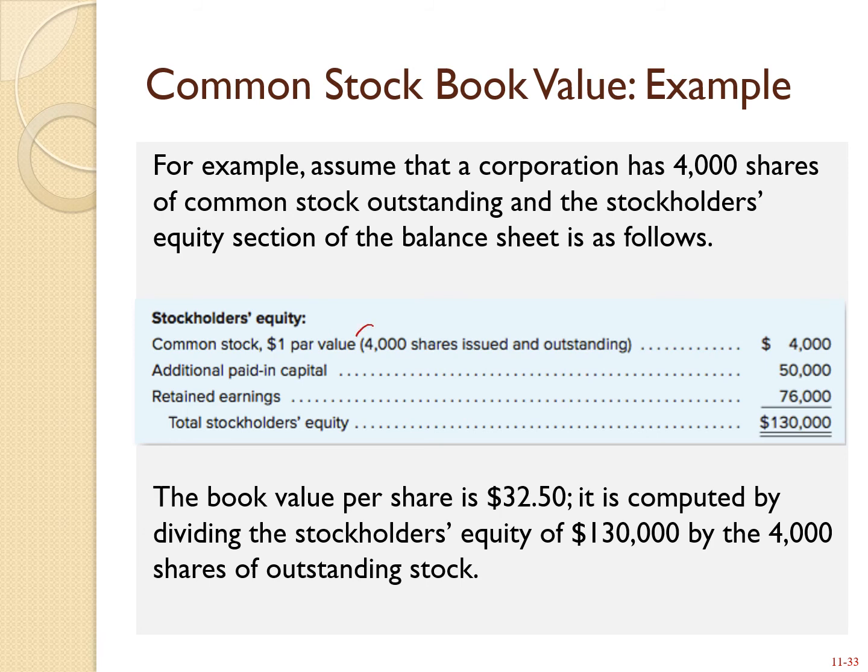You issued 4,000 common shares. Each share has a $1 par value, so your common stock is $4,000. Additional paid in capital is $50,000. Add to that retained earnings, so your total shareholders' equity is $130K.